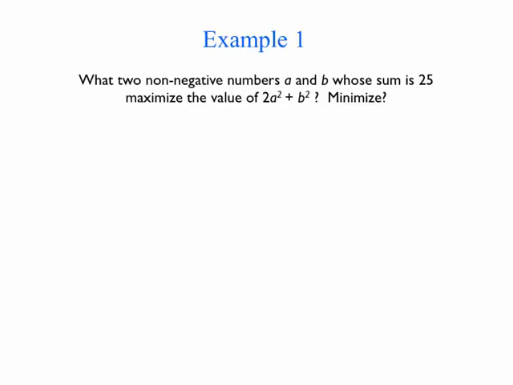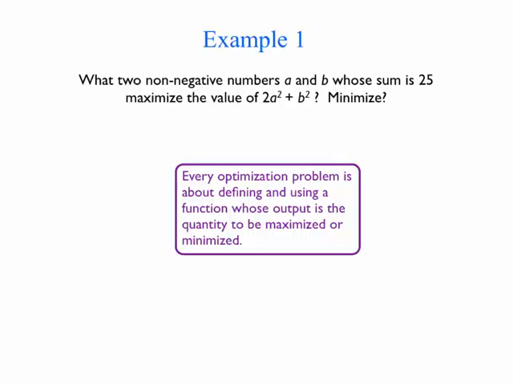What do you think? What's the central focus of the solution? I just told you, but I thought it might have slipped your mind. A function whose output is the quantity to be maximized or minimized.